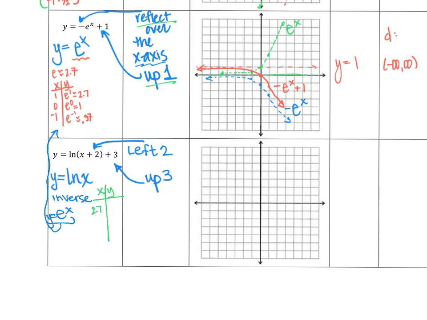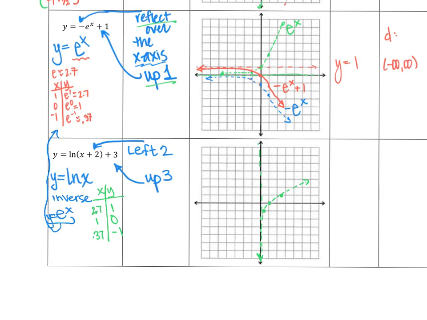So 2.7 gets you about 1, 1 gets you 0, and 0.37 gets you negative 1. So our parent function will be at that 2.7 up at 1, 1, 0, 0.37, negative 1. It has a vertical asymptote at x equals 0. And so again, here is our parent function, and that's our natural log.